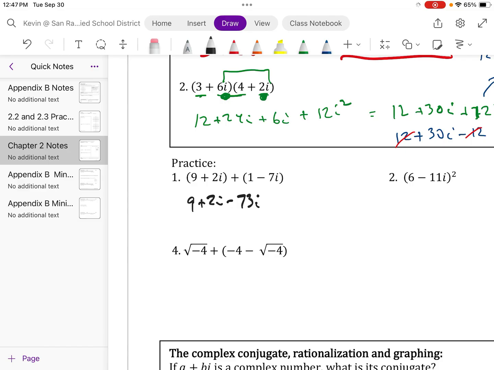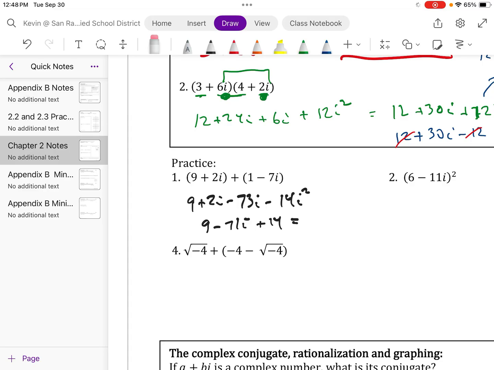Got it, basic math. And then minus 14i squared. So we have 9 plus 14. What am I doing?